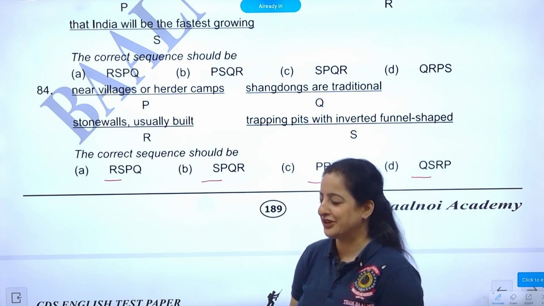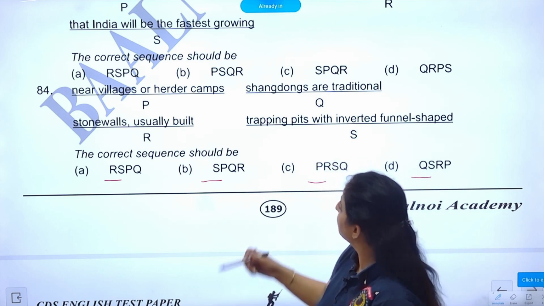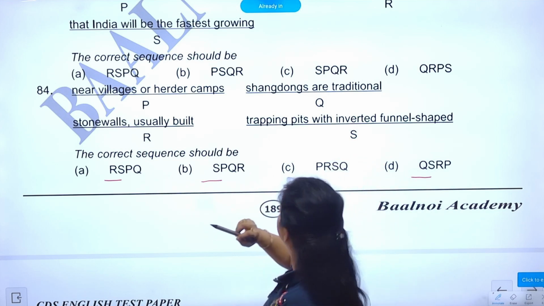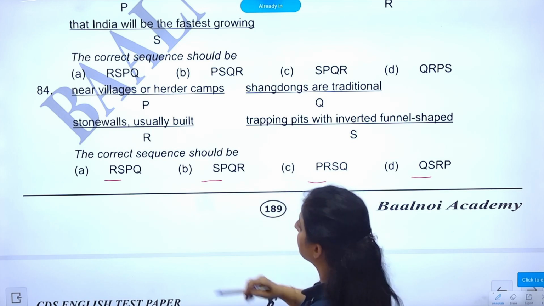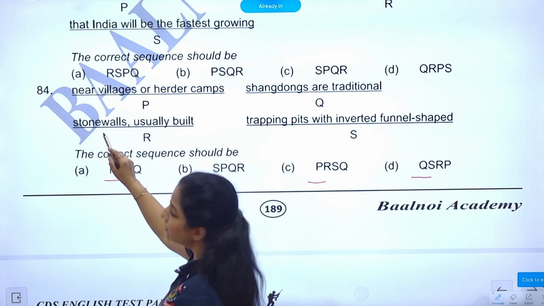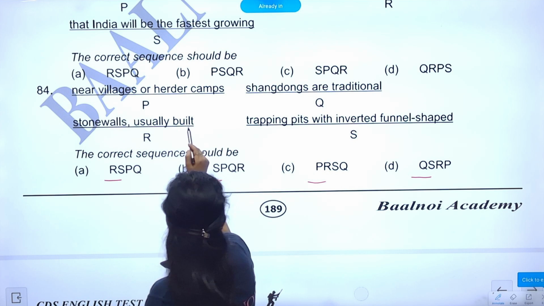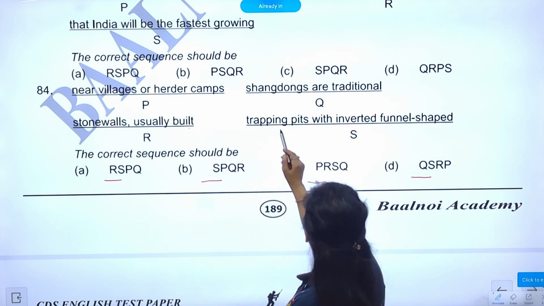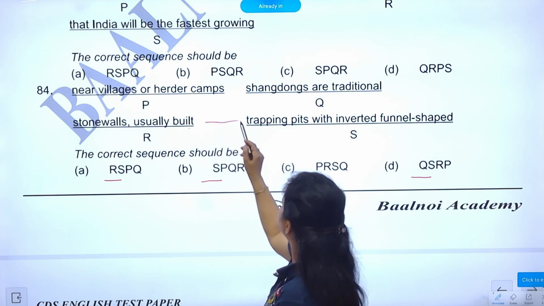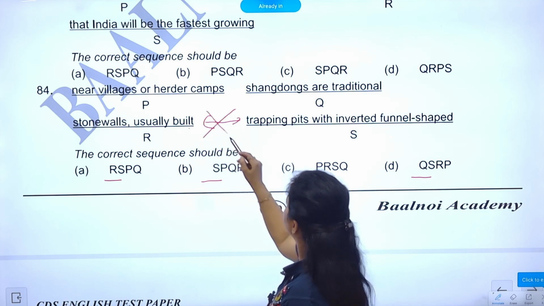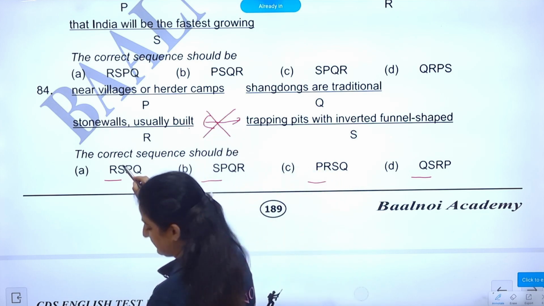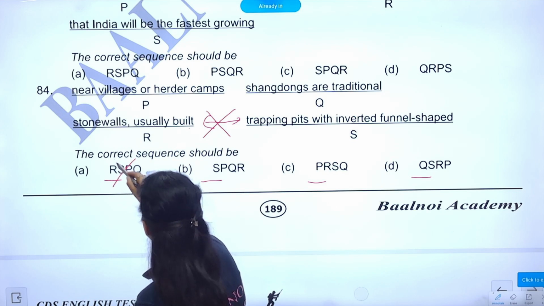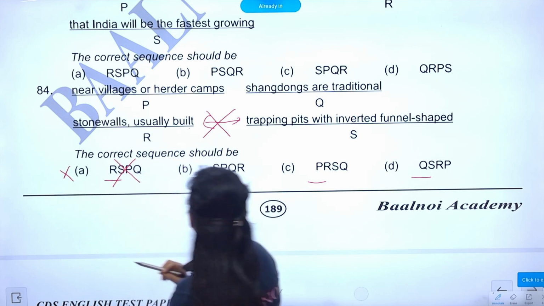So we have no choice. We'll have to work out all of them. Fine, no problem. RSPQ. Where is R? Okay. Stone walls usually built and trapping pits. You think this is connecting? R and S is not connected. This is not the answer.